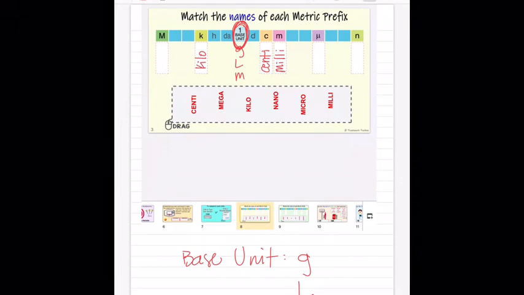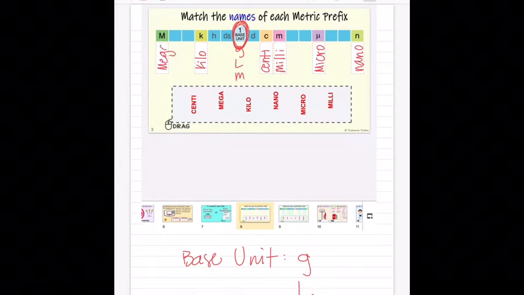This weird little U thing down here is called micro, and the N down here is called nano. The capital M means mega. All right, and then the only other one that we haven't, no, I think I got them all. 1, 2, 3, 4, 5, 6. Yeah, I got them all.